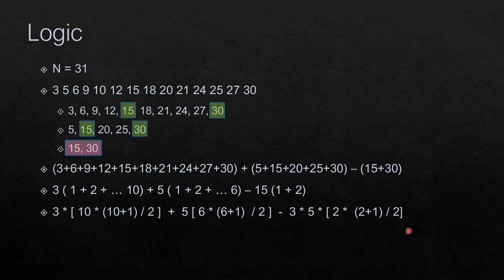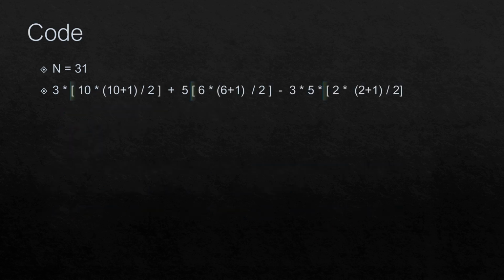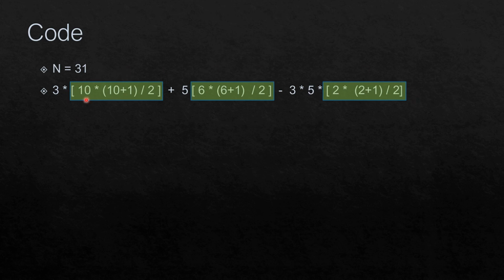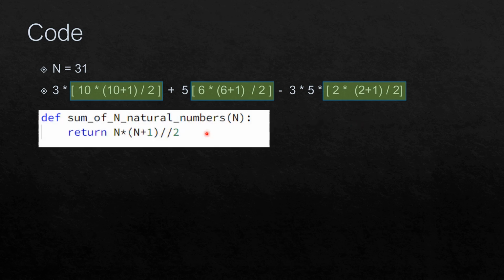Let us try to design the Python code for this. We have seen the logic from the previous slide, that this is the equation which we need to use. The sum of n natural numbers, we can create a function for that. So I'm creating this function, sum of n natural numbers, which returns n into n plus 1 divided by 2.